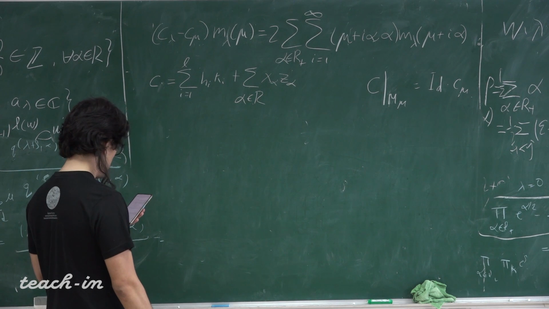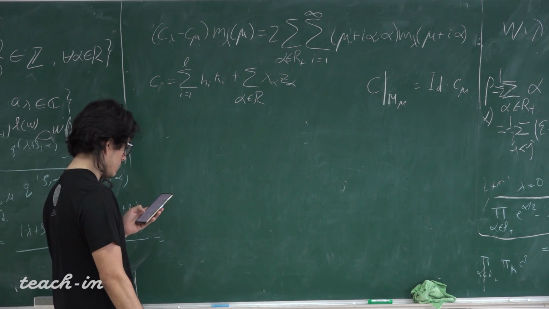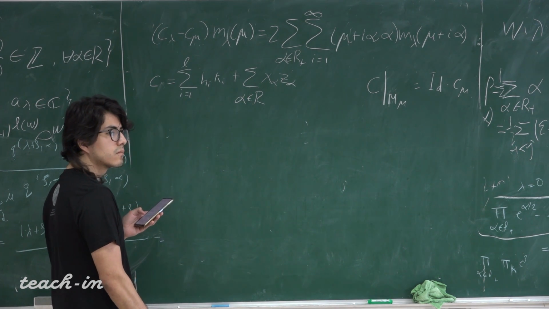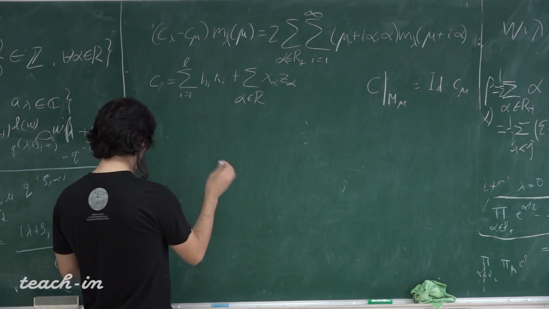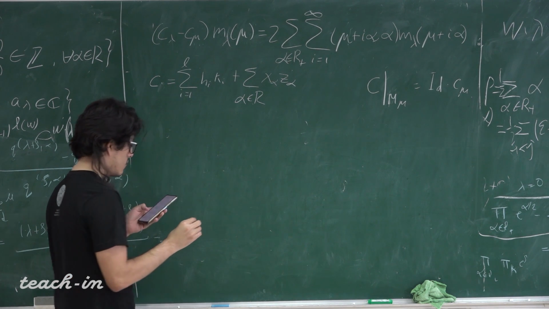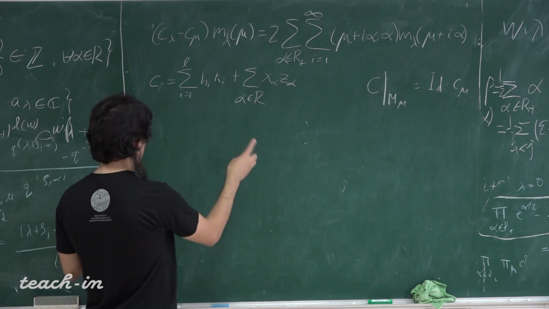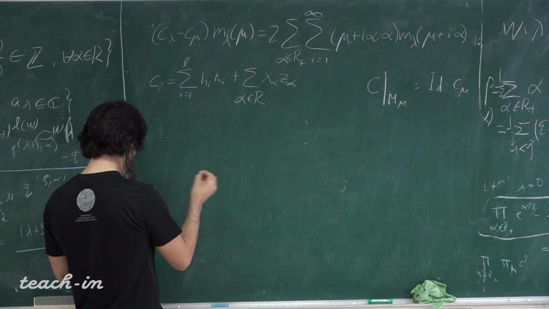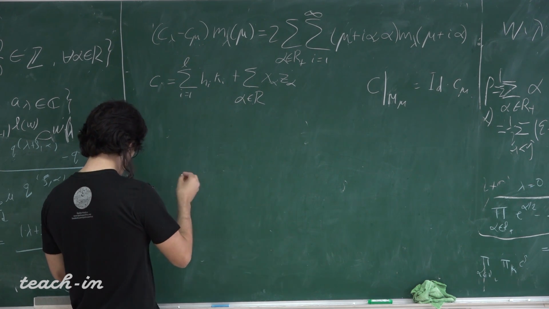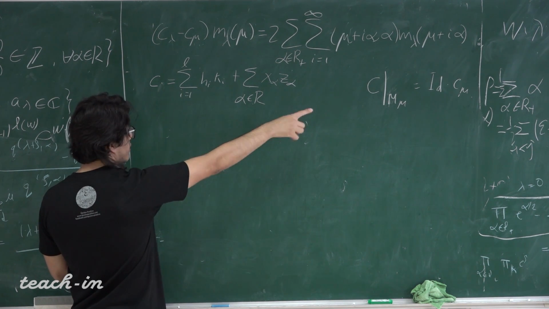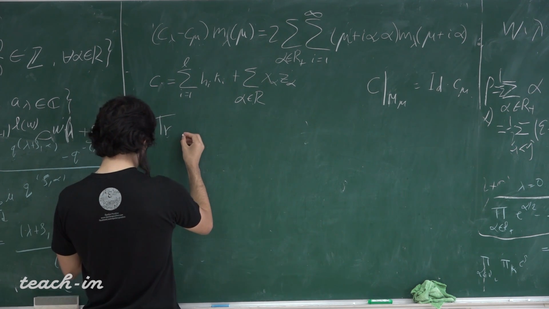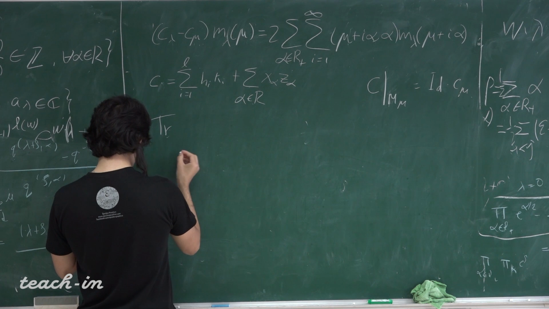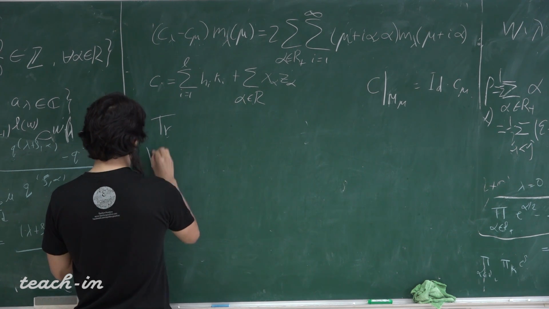The last problem is that we also need this element. So according to this, they calculate the trace. So you calculate the trace of what? In V mu.